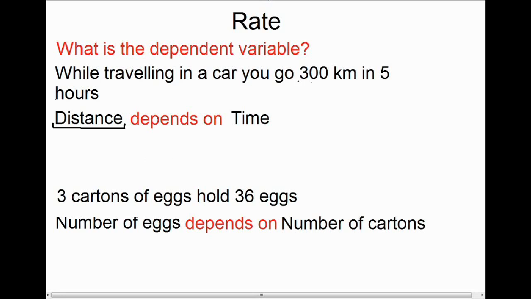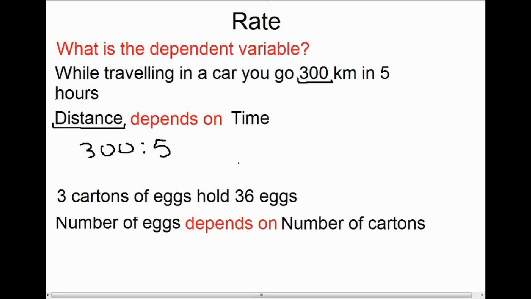Our distance was 300 kilometers, so that's going to go first in our ratio, the dependent variable. And it's 300 kilometers for every 5 hours. The number of hours, the second variable here, is called our independent variable. It's the opposite of dependent.